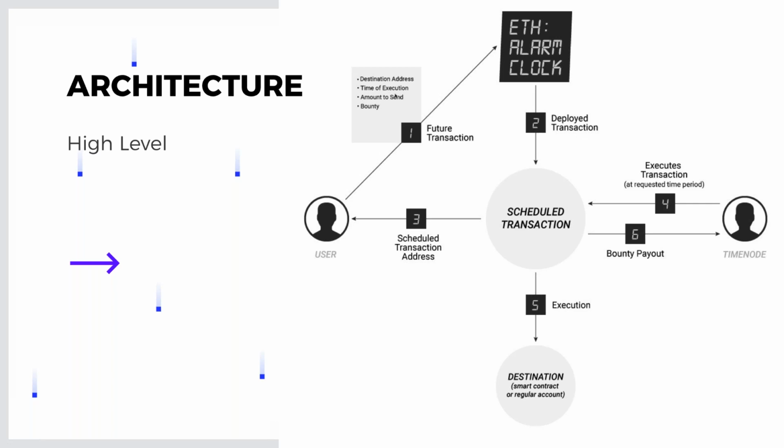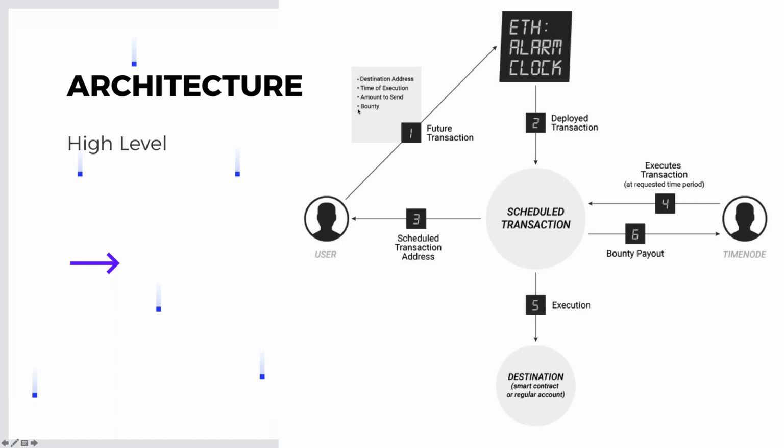Using the Ethereum Alarm Clock, he can do this. He would specify a destination address, the time at which the transaction has to be executed, and the amount he wants to send to this destination address.